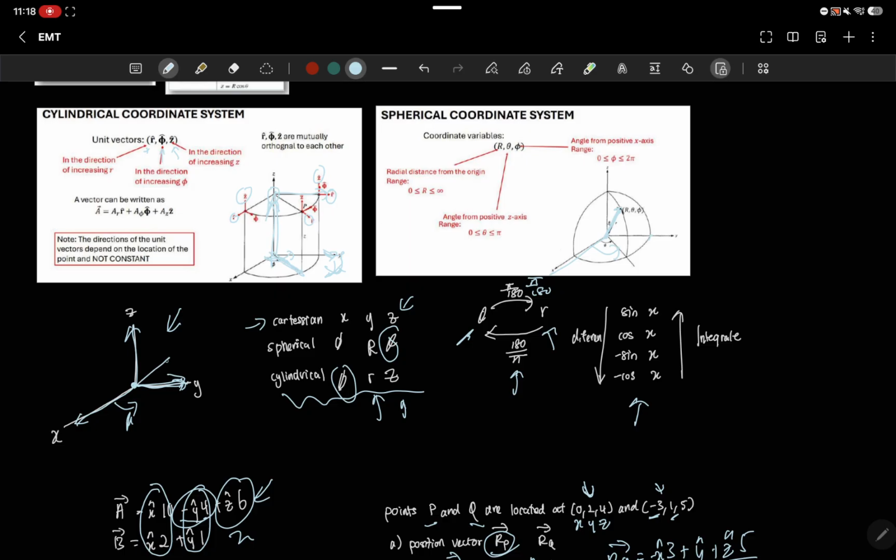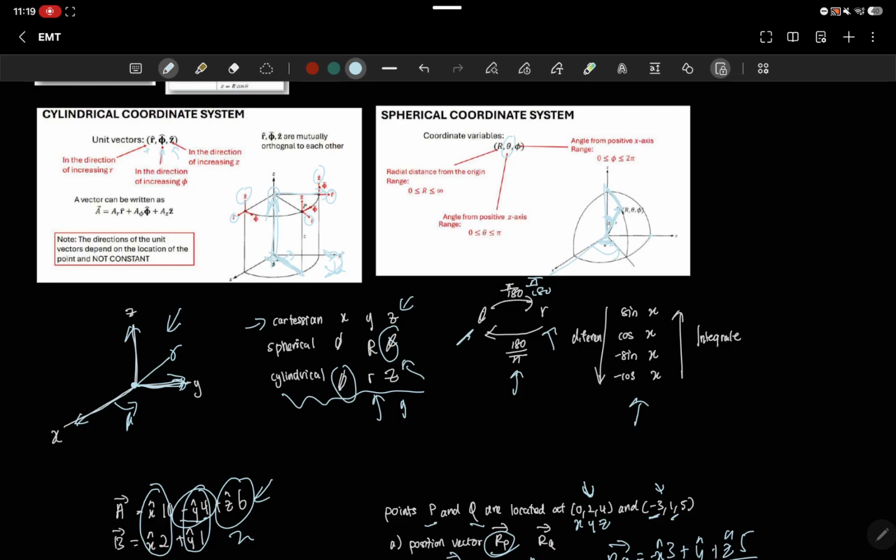It's technically the radius. Now the other angle, we name it delta. From z, where is the point, what angle is it? Now this is the base of cylindrical and spherical.